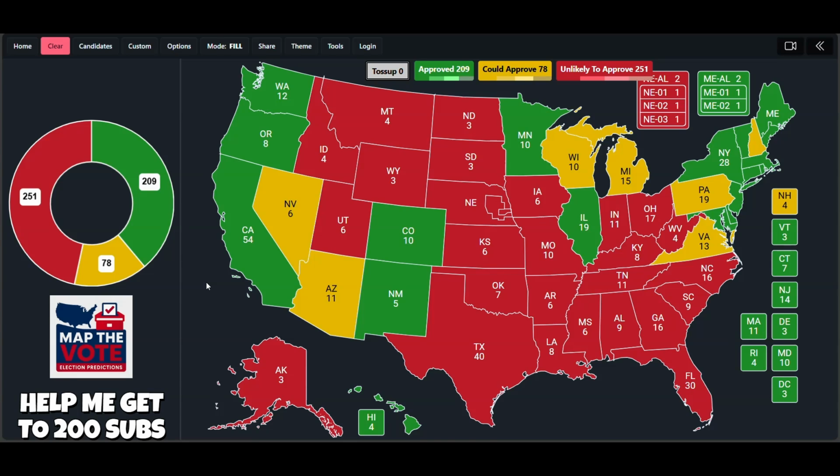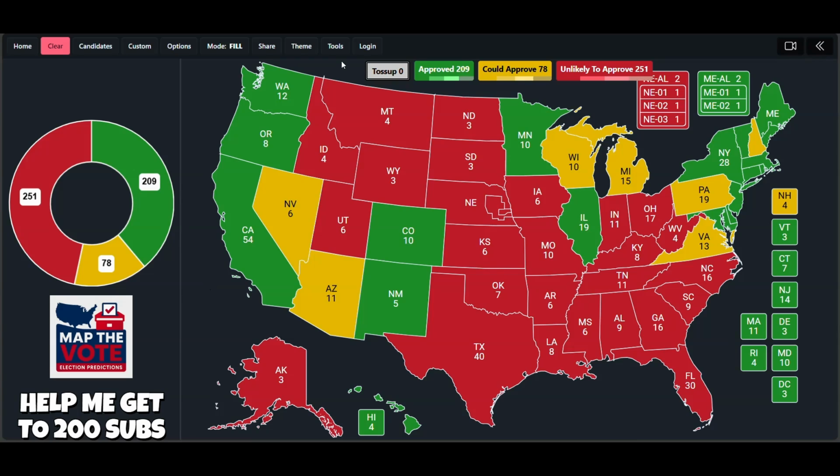The yellow states are states where they've either got a Democratic governor or they're very close to having Democratic majorities in the state legislature. So there is a realistic, feasible path to approving this compact. And the red states are states that have either got a Republican governor or the state legislature is overwhelmingly Republican, and so it's very unlikely that they would pass such a measure.